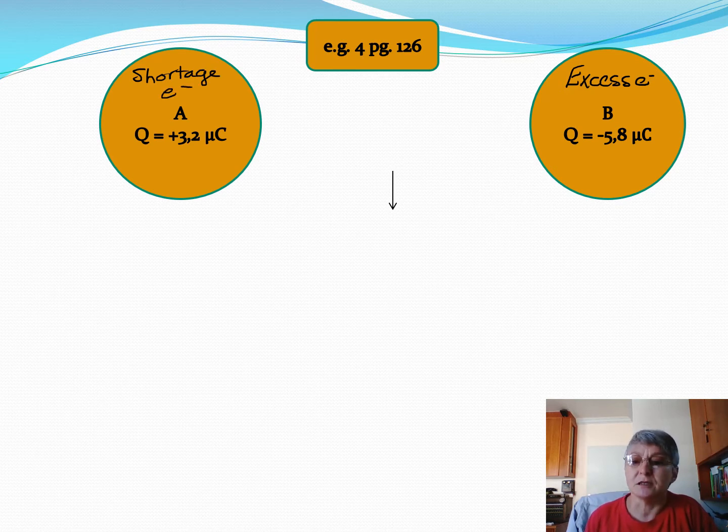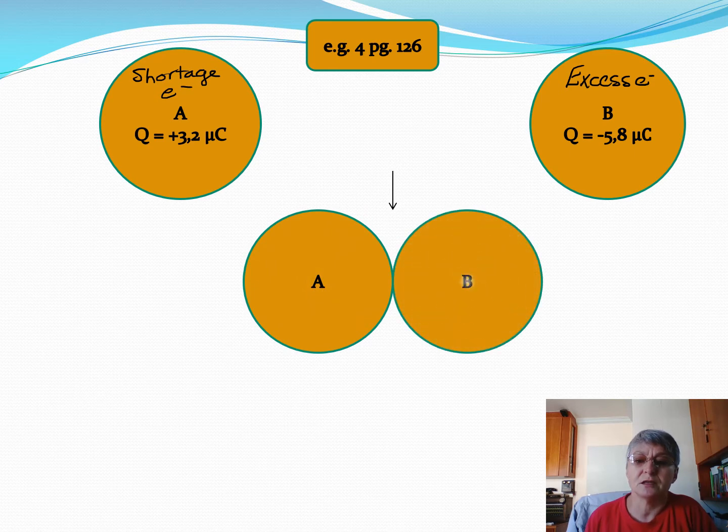So obviously then, when the two objects are in contact, when they touch, the electrons will flow from B to A, and the charge will spread evenly over the two objects.